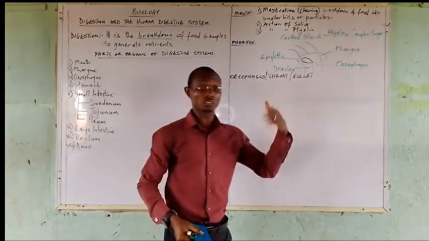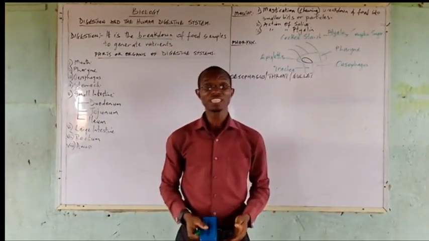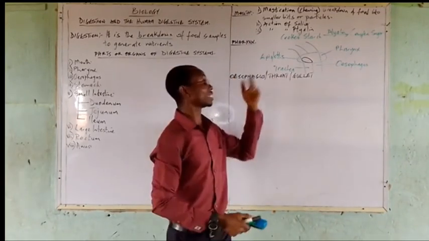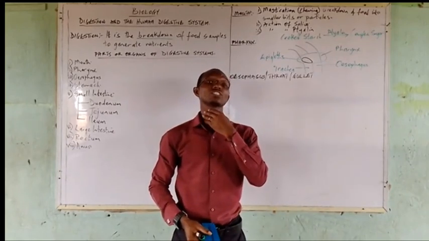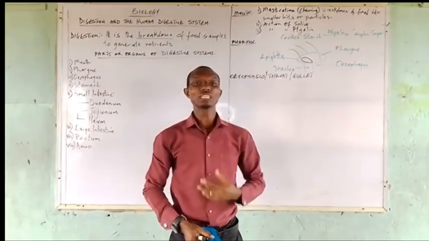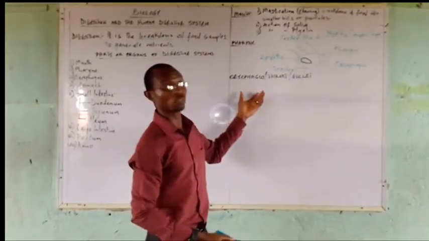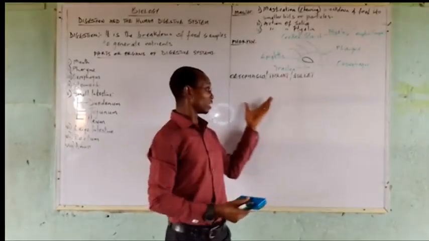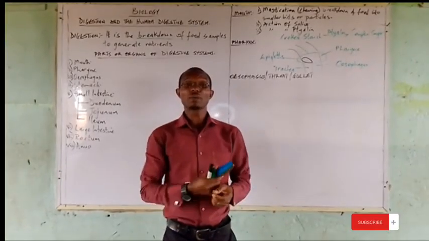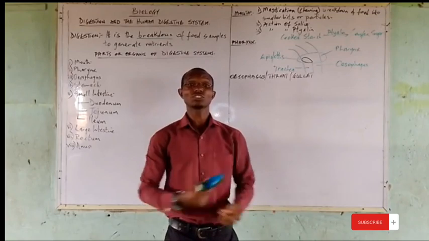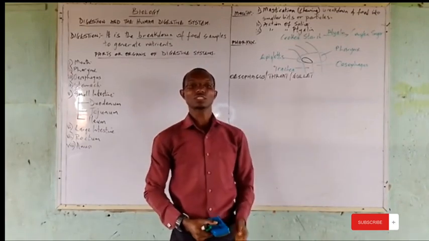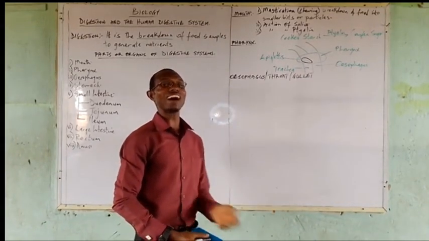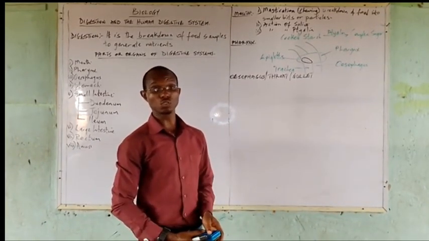The esophagus is the long, narrow tube that runs directly from underneath the pharynx, from the neck region down into the abdominal region. It is muscular in nature, and this is what brings about continuous contraction and relaxation of the walls of the esophagus, which aids the flow of food down into the stomach.